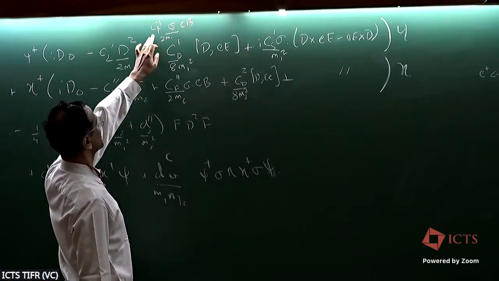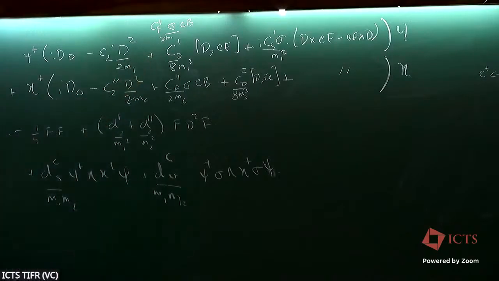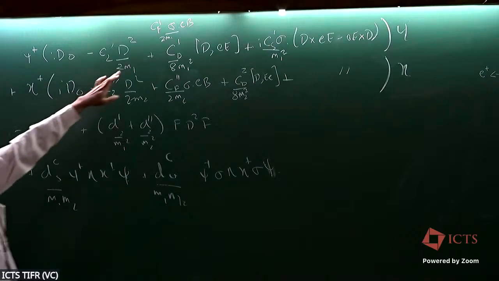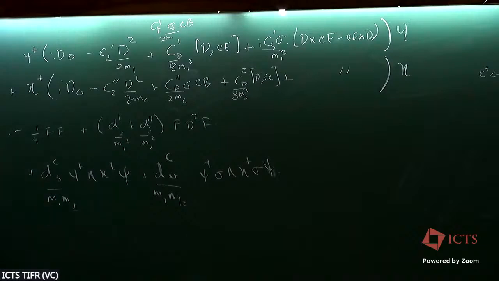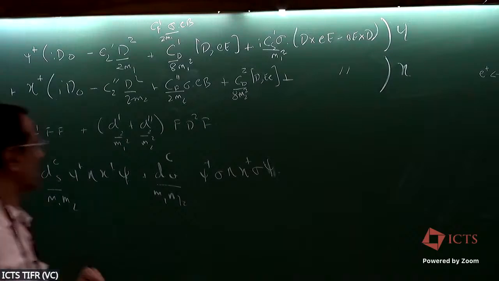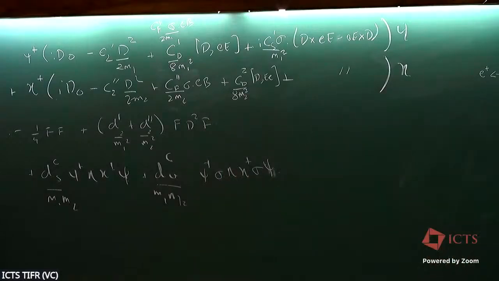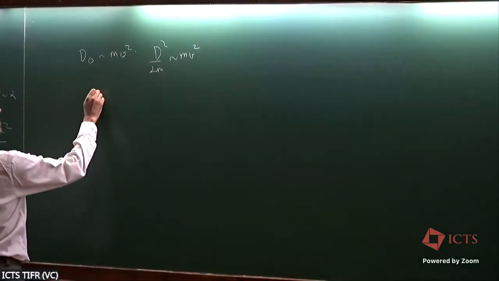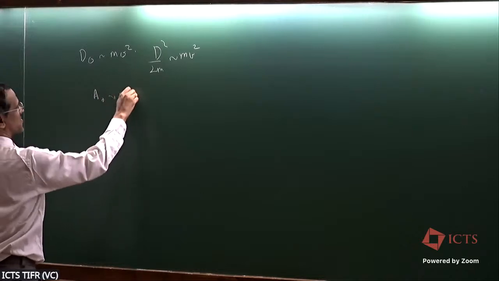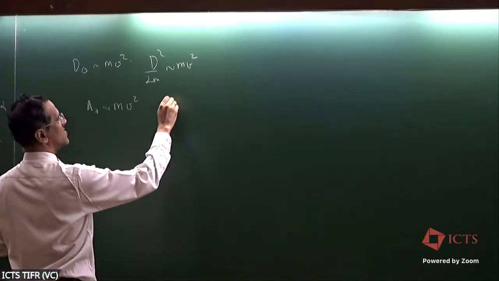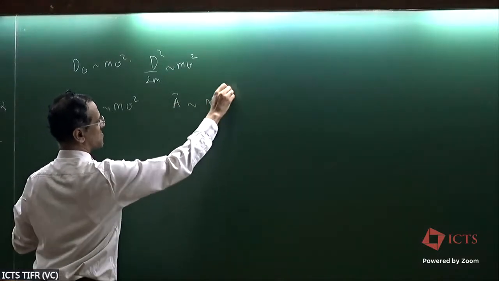Now, similarly, this looks like it's of the same order as the 1/m term. But we know that magnetic fields are small in non-relativistic systems. So in fact, the power counting that you have to take care of is A_0 is of the order of mv squared, but the vector A is of the order of mv cubed.